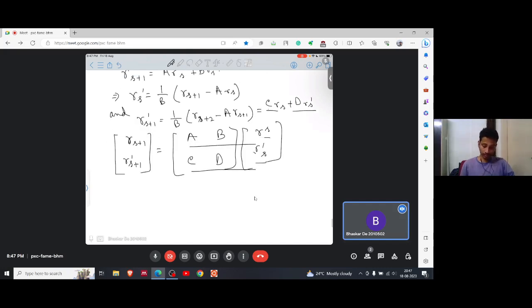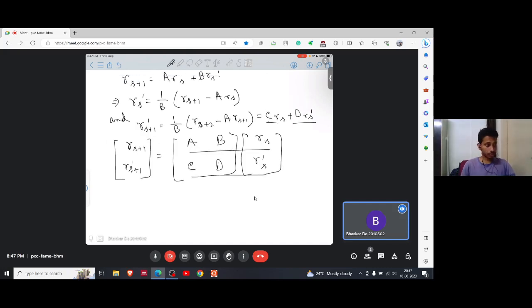Now from this equation we replace the value of r_s', and we have (1/B)(r_{s+2} - A r_{s+1}) equal to C r_s plus (D/B)(r_{s+1} - A r_s).